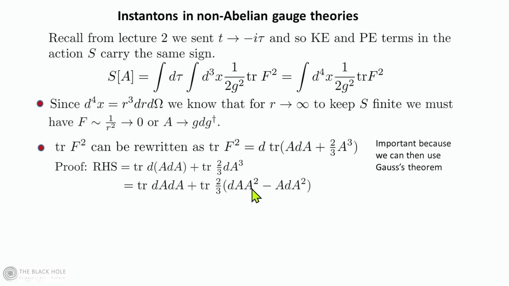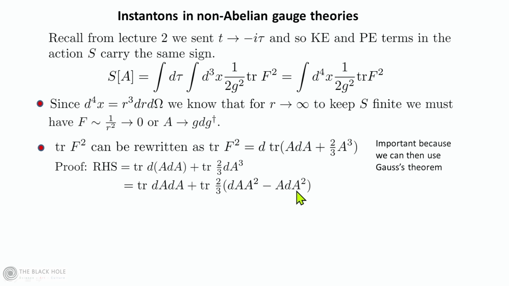And see, I have a minus sign over here. Why do I have a minus sign? Because D, when it crosses a one form, this is itself a one form, right? When it crosses a one form, you get a minus sign. So that minus sign comes here. And this is A dA squared.